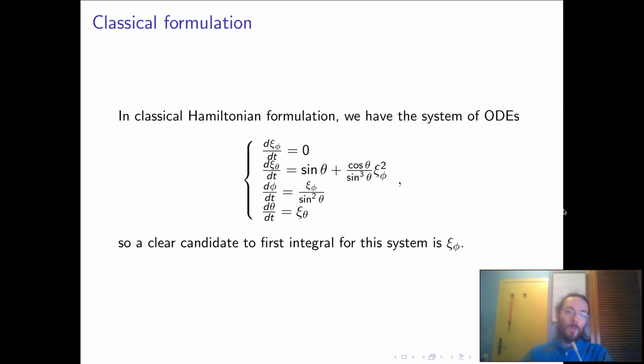So if we just replace it here, it's quite clear now that we have this system of ODEs, and here we have a very suspicious equation. We have that the derivative of the momentum associated to phi is equal to 0. So perhaps this is exactly the integral of motion that we are looking for, and this is the candidate we are looking for here.